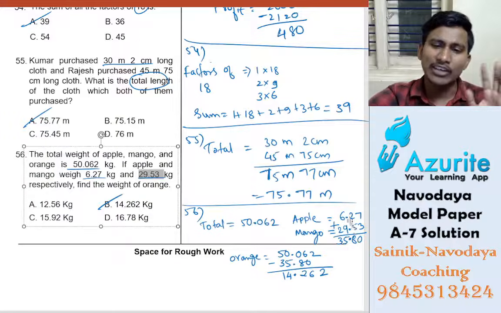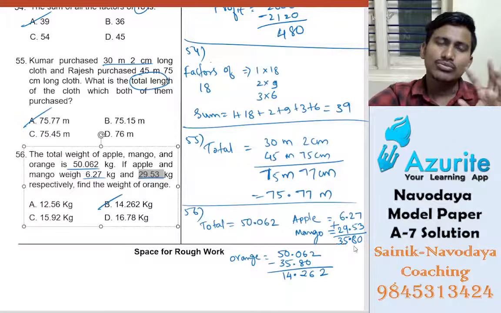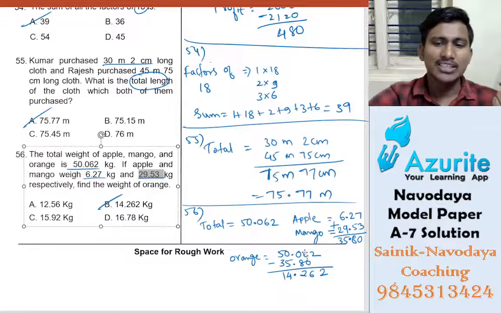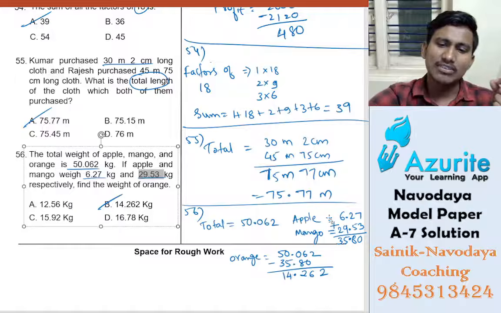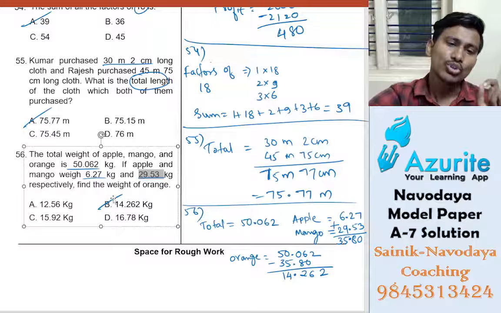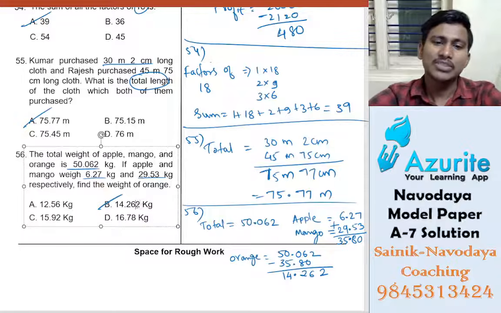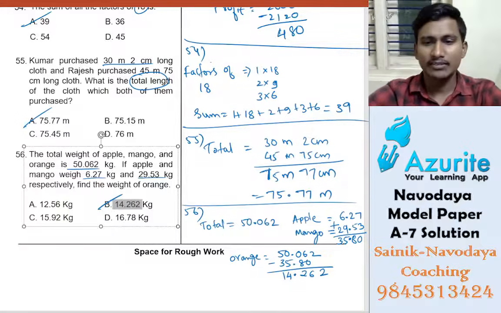If you add mango and apple, you will get 35.80 kg. Now to find the orange, we have to subtract from the total. The remaining will be the orange. So 50.062 minus 35.80, if you do, the orange will come. Orange is 14.262. So that is option B here, right?